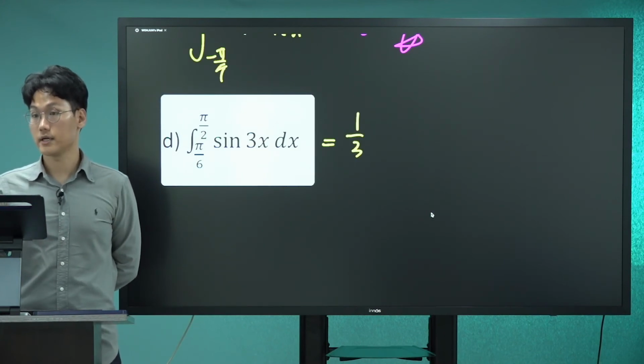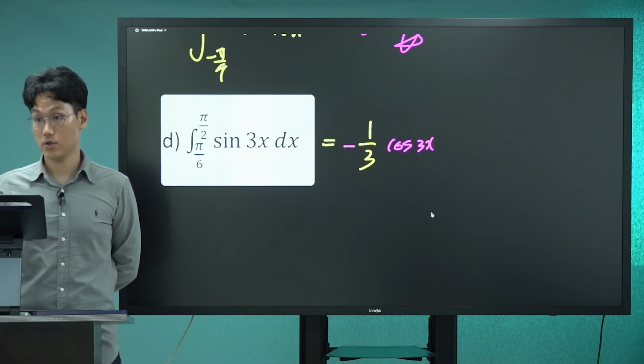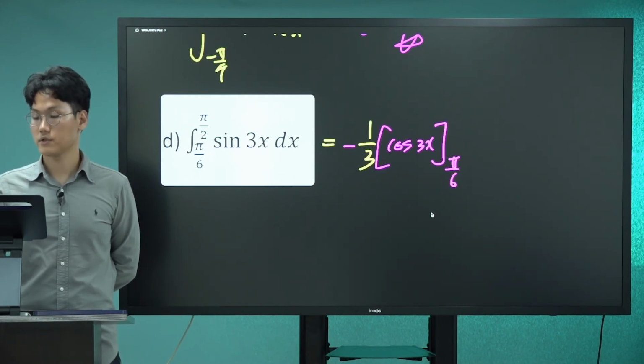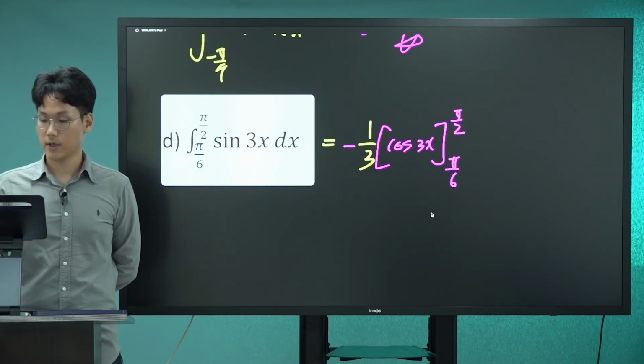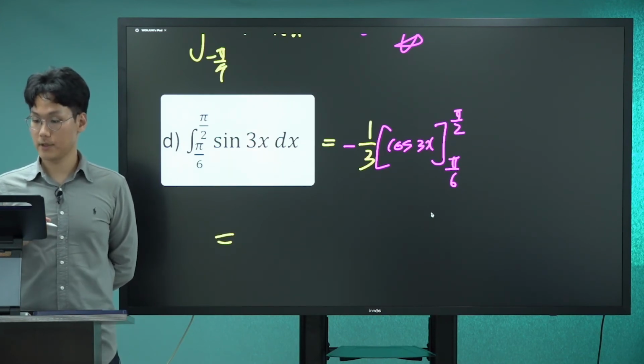One over 3, yes. And then the integral of sine is who? Negative cosine 3x. Yes, sir? Good job. And we evaluate that from who? Pi over 6 to pi over 2. Yes? Thank you.